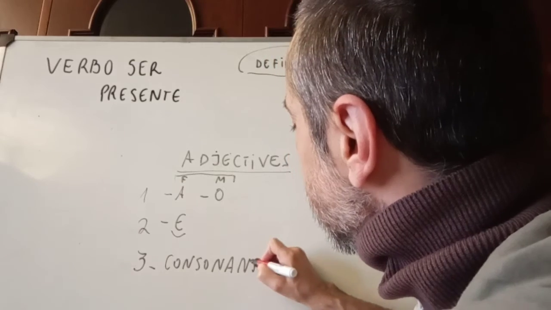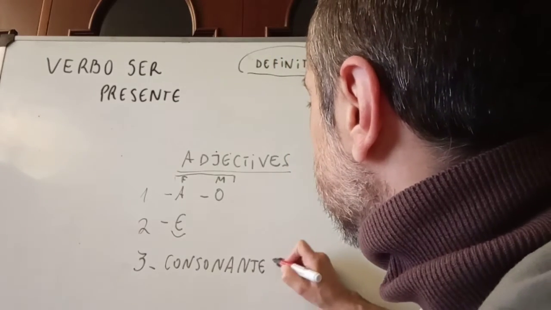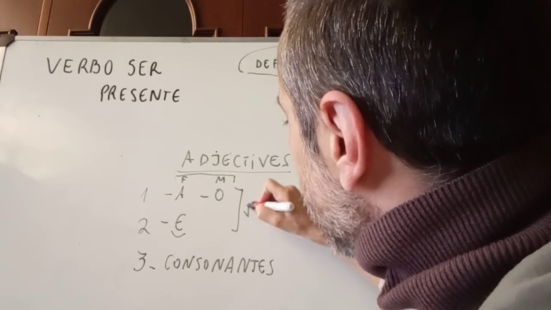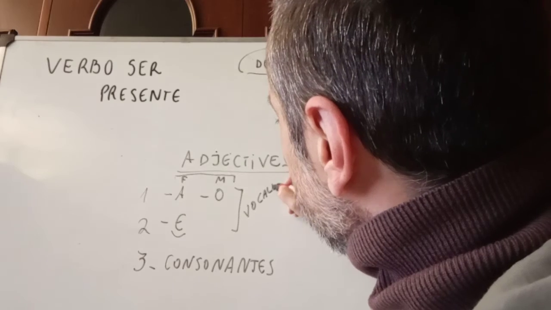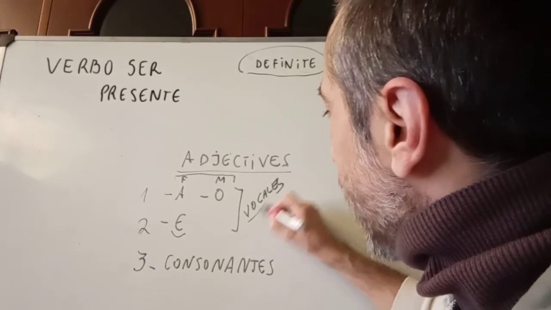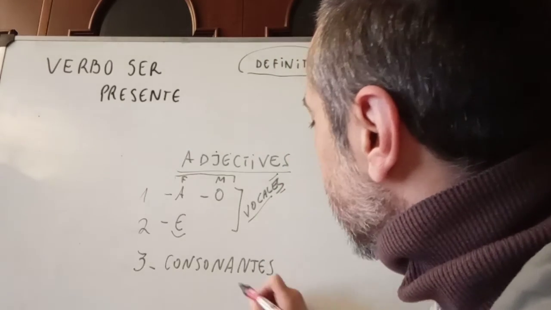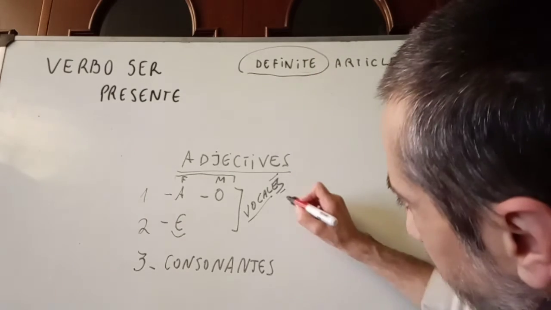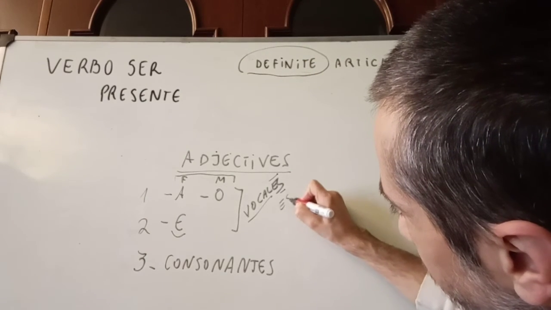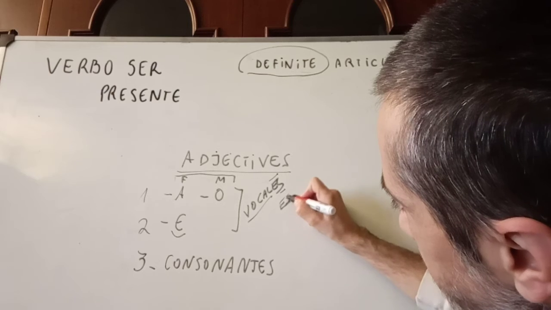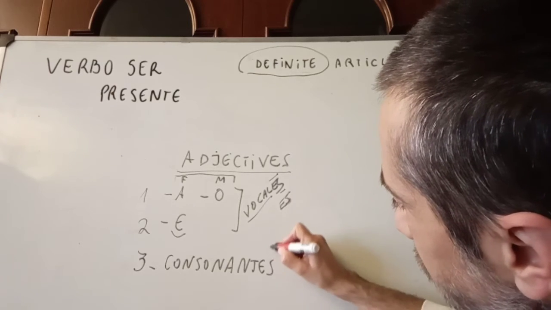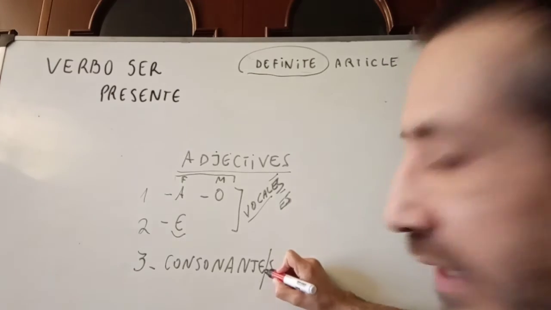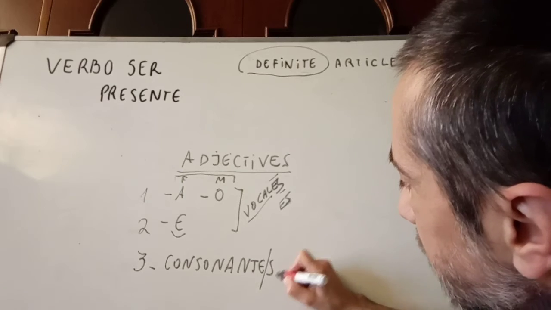These are vowels, vocales, the plural, consonante, consonantes. I repeat, the plural form of the word vocales, we add es, and consonante, as we already have the e, we just add the s.